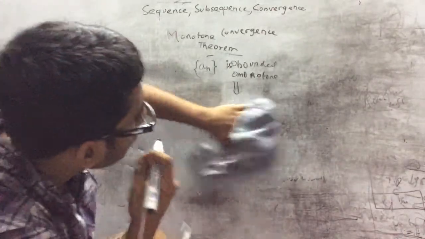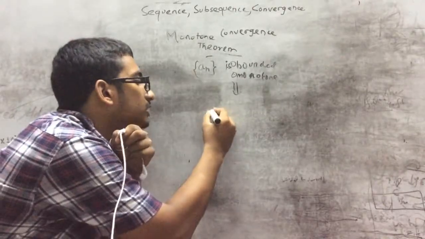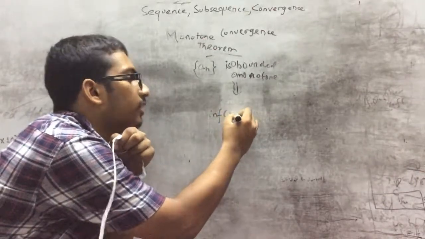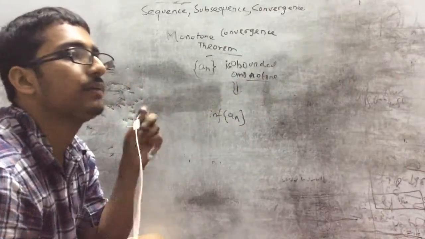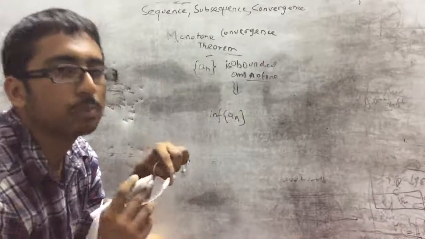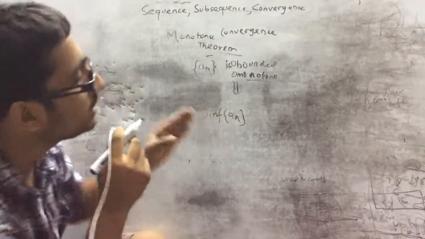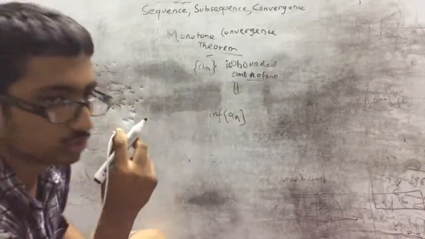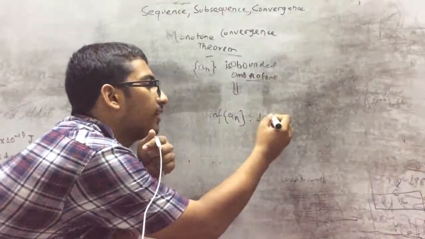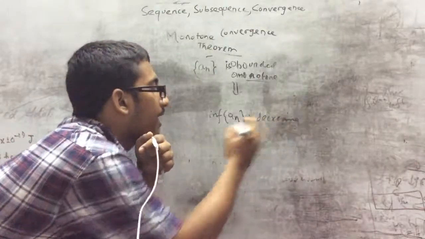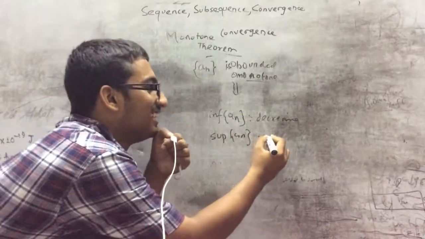So a_n converges to the infimum of a_n if it is bounded and decreasing, and to the supremum of a_n if it is increasing.